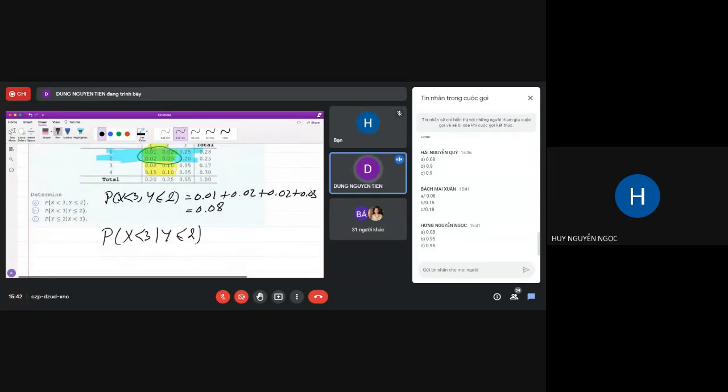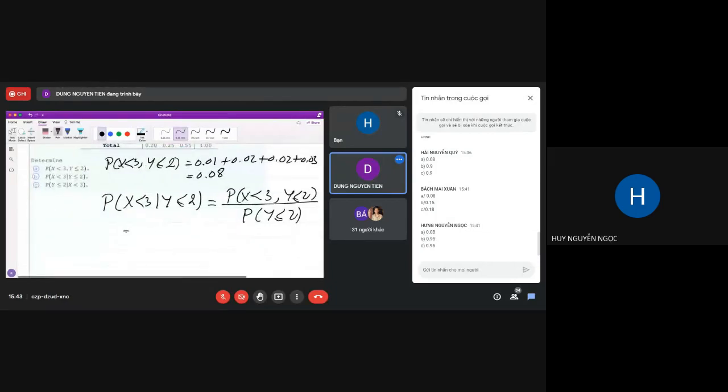For the second probability, I want to find the probability that x is less than 3, given that y is less than or equal to 2. It is the joint probability. You need to use the conditional probability, and you have to use the definition for that. The probability that x is less than 3 and y is less than or equal to 2, over the probability that y is less than or equal to 2.